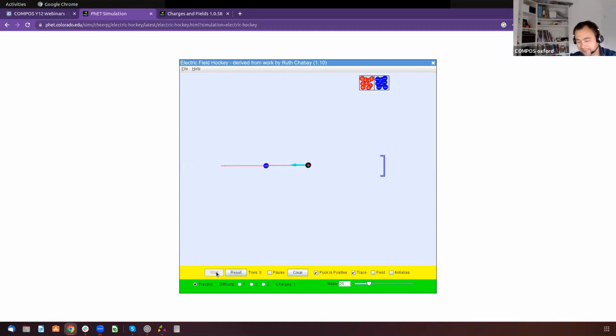Is this simple harmonic motion? Can you explain? Samuel? Acceleration always pulls towards the center. Yes, that's one of the things. There's a fixed amplitude. What is the other condition for simple harmonic motion?